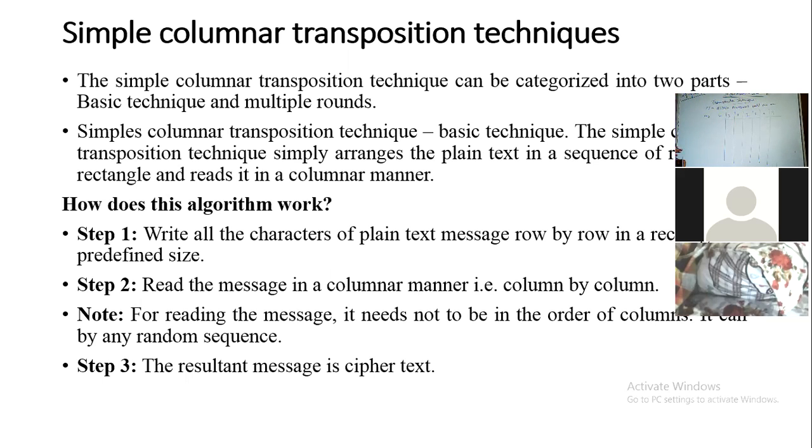What I told you: row transposition works on the basis of inserting the message row-wise and reading the message column-wise. So firstly we write the message row-wise and then read it from the columns.